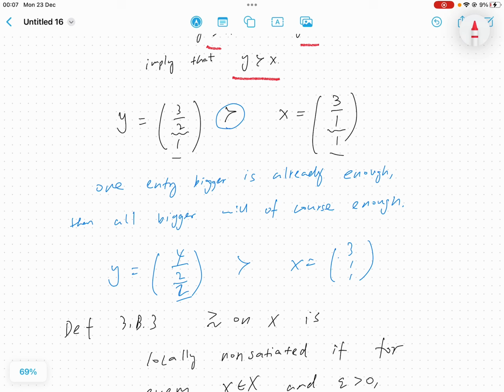Y is strictly preferred to x. So if all those entries are bigger in y compared to x, of course, if each entry is bigger, then this greater sign implies greater than or equal to, right? So of course, this previous condition still holds.